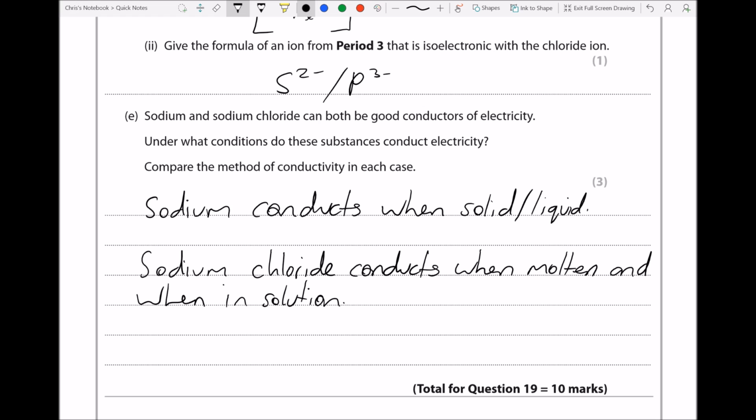Obviously, we're comparing the two, so we need to basically talk about the structure of them, like I said. So we've got delocalized electrons in sodium. They're charge carriers. They carry that charge across. And in sodium chloride, we've got free moving ions. So we're comparing why both can do that. So let's put this on here.